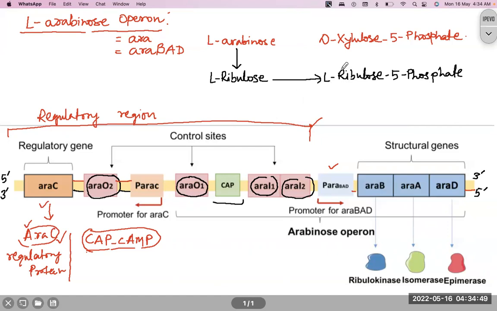Then L-ribulose 5-phosphate is converted into D-xylulose 5-phosphate. In this conversion, for catabolism, these structural gene products are required.